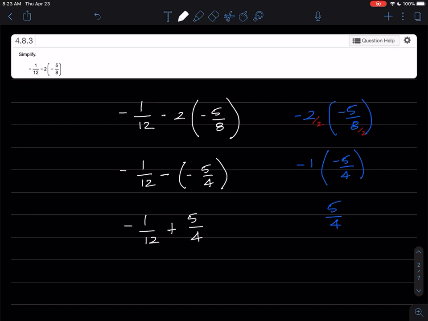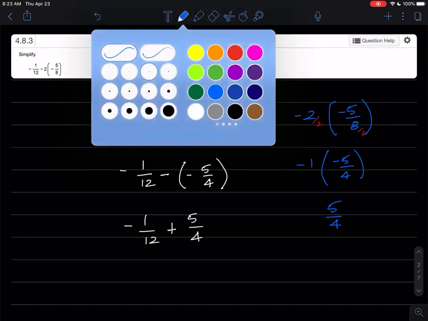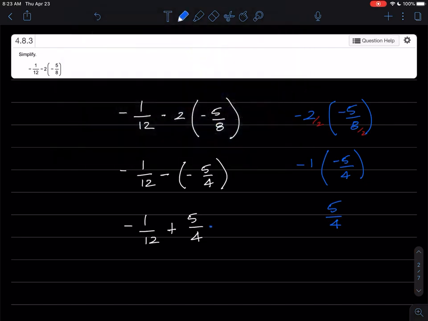Again, we need a common denominator. In this case, it's going to be 12. So we need to multiply the top and the bottom here by 3. And then we end up with -1/12 plus 15/12.